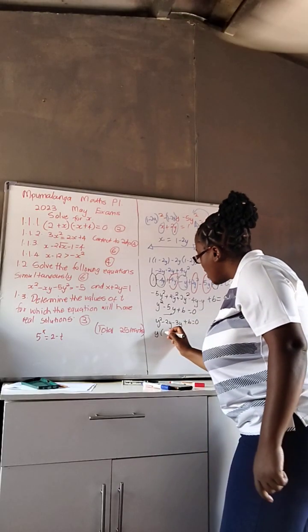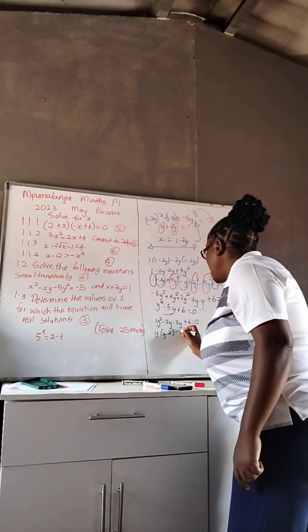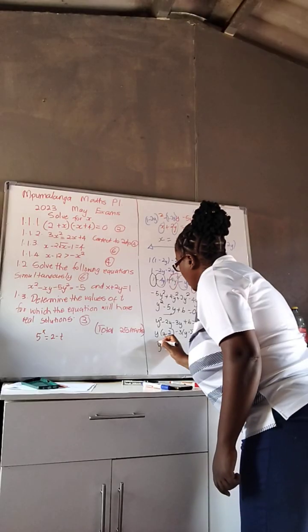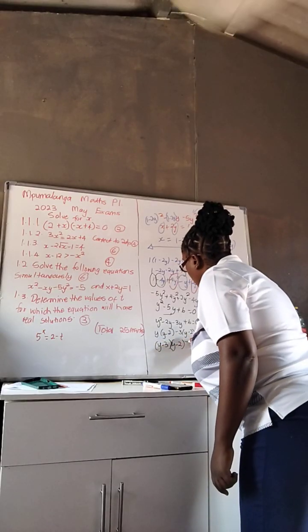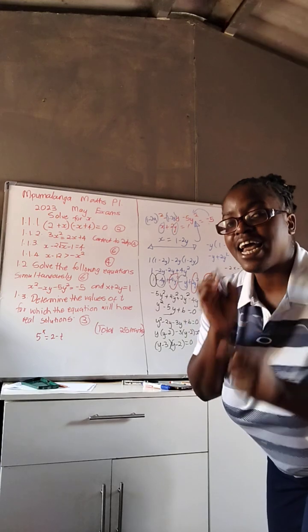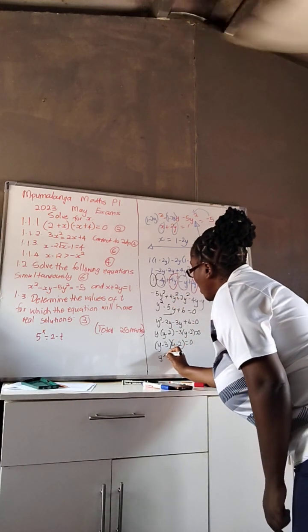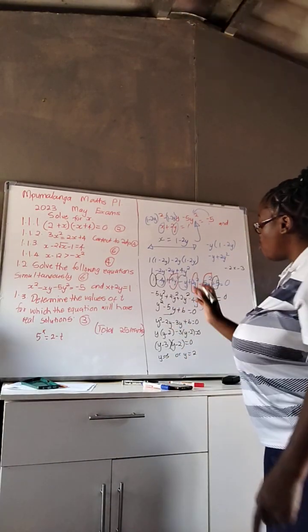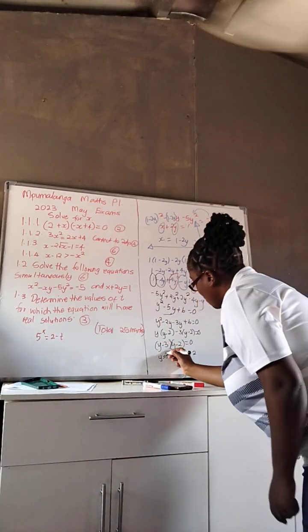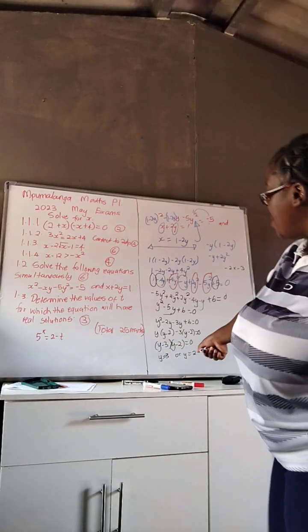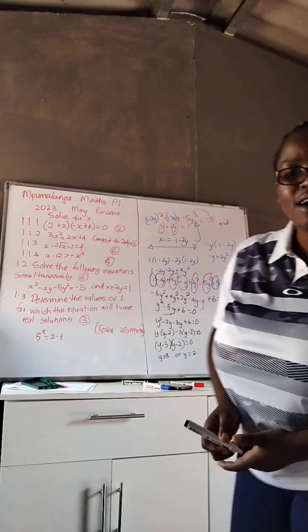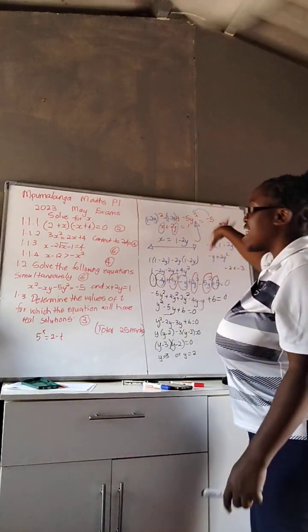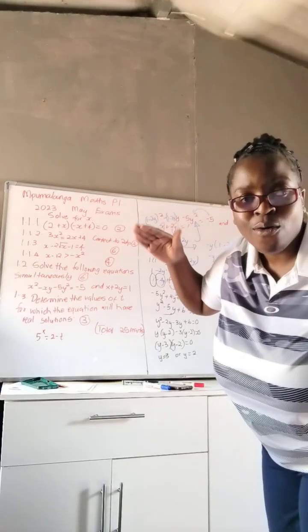So it's (y minus 3)(y minus 2) equals 0. So at the end of the day, y equals 3 or y equals 2. So our two values for y, we already have them. Guys, if you get numbers that are big or numbers with commas, normally in this case something is wrong somewhere here, so you have to go back and look where you missed it.